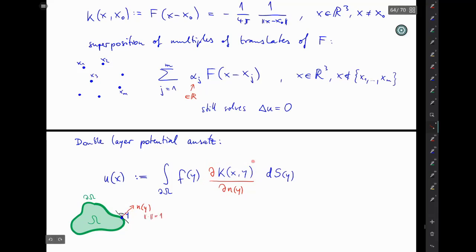And the amazing thing is that even after doing this, you still get a solution of Laplace's equation. So you can see that this thing is quite robust. You can do lots of things.